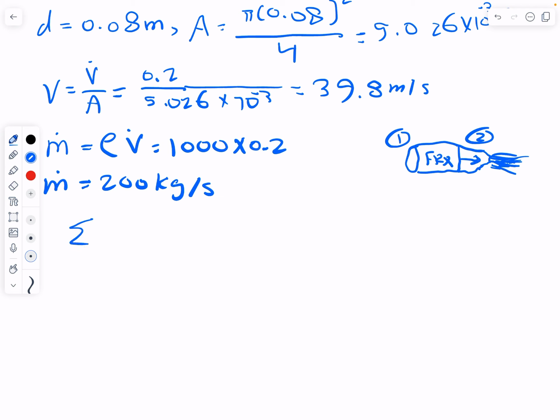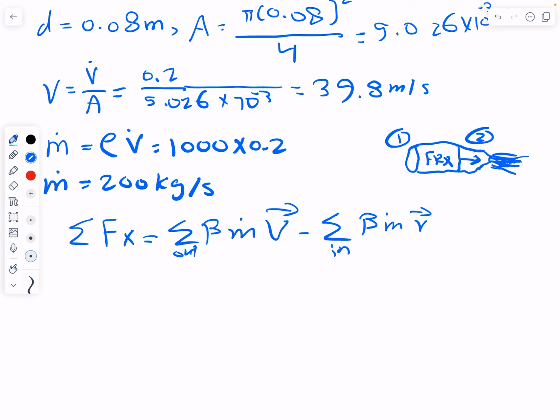So we would say sigma Fx equal sigma out beta m dot v minus sigma in beta m dot v. This is the law from chapter 6. There is nothing much we are doing, just computing a very straightforward question.